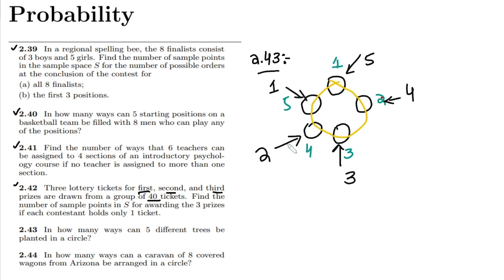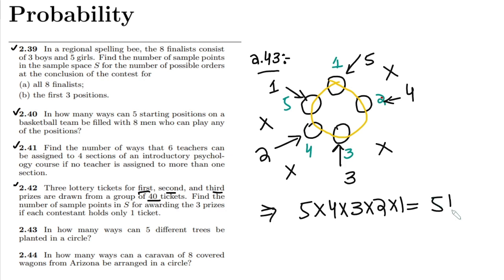After them, each of them can be combined with each of the other ones, so these have to be multiplied together. At the end I will get 5 multiplied by 4 multiplied by 3 multiplied by 2 multiplied by 1, which is 5 factorial. So the answer of question 2.43 is 5 factorial.